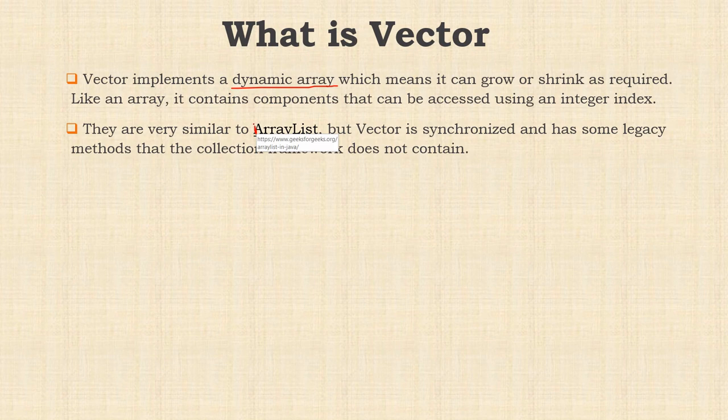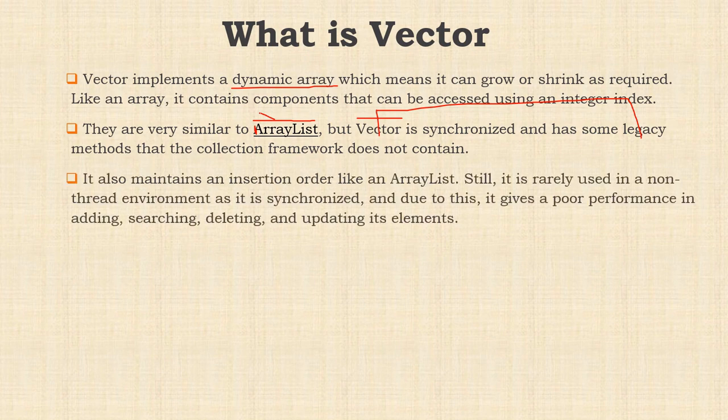Array list was introduced in Java 1.2, but vector was introduced in Java 1.0, at the very start. So this is also a difference. It also maintains insertion order like an array list. Array list maintains insertion order, and vector also maintains insertion order.